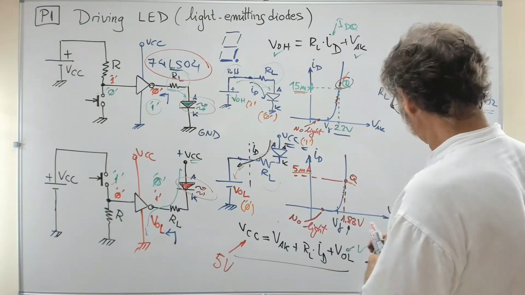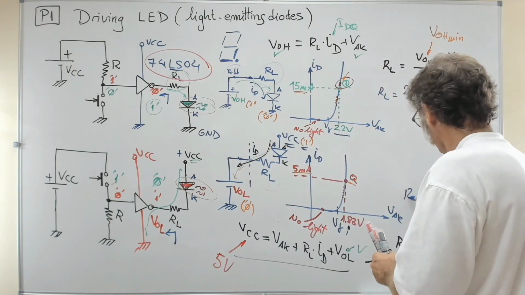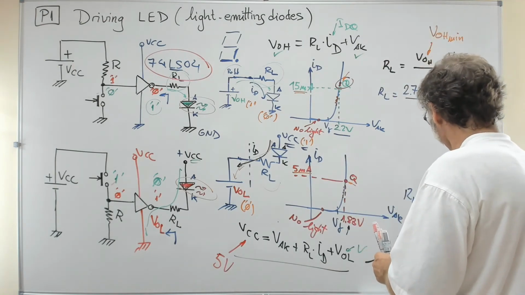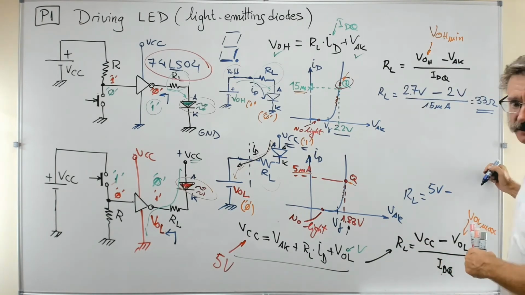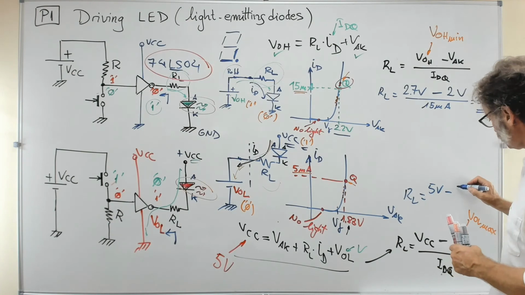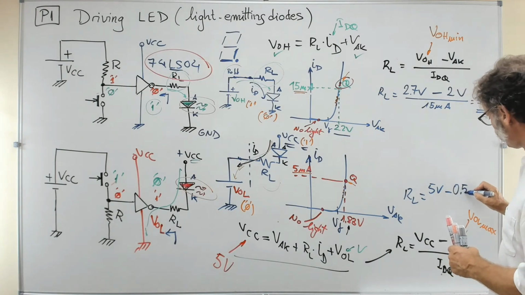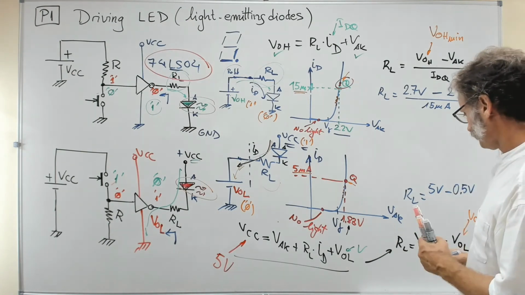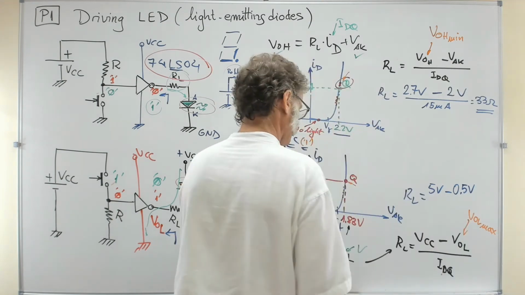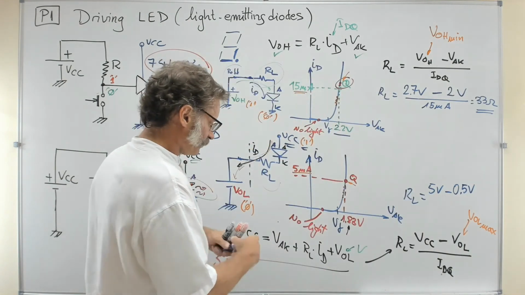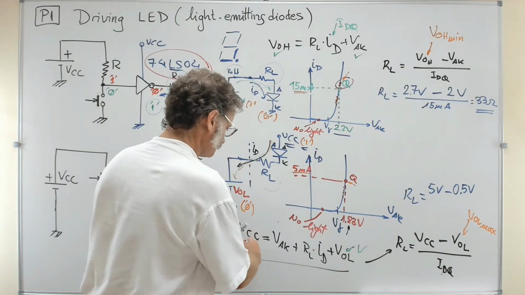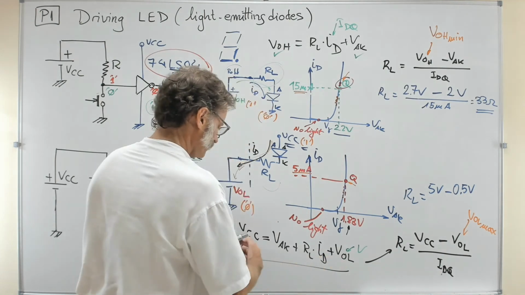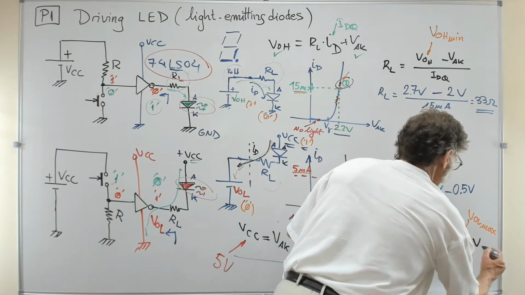And here the same. If you are calculating this, the RL is going to be 5 volts minus the VOL maximum, and the VOL maximum, you know which one that is, this 0.5. All right. Okay, and here I forgot. You see how easy it is to forget terms in these equations? It is VCC minus VOL minus the voltage anode to cathode.